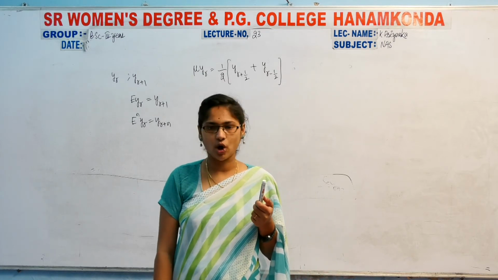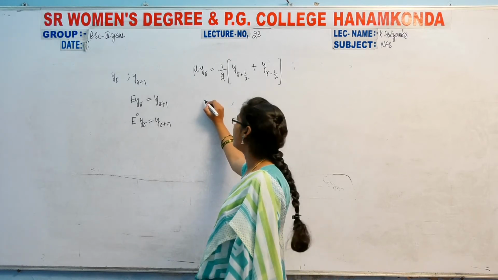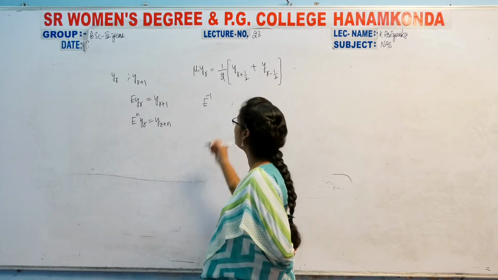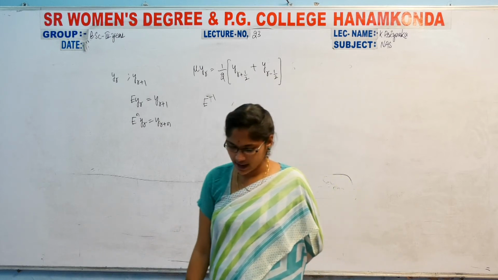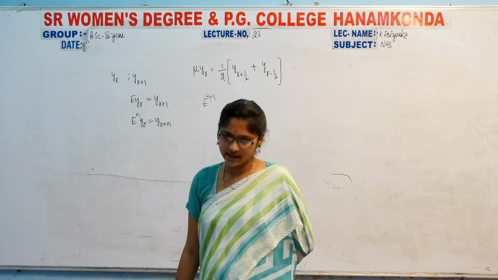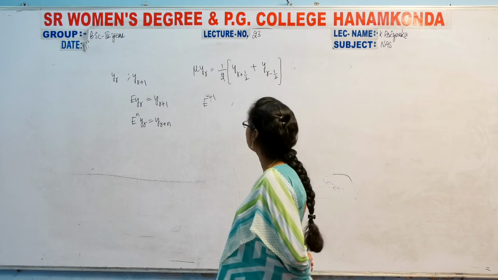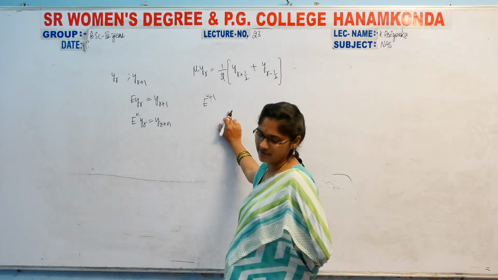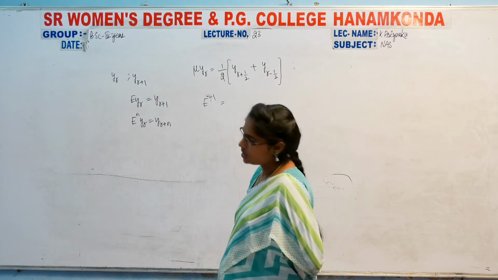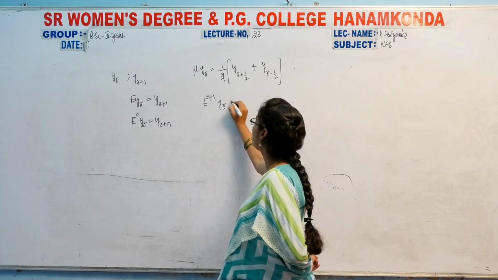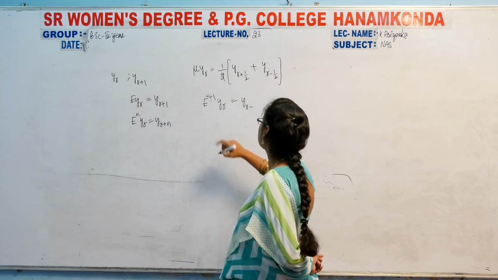Next, inverse operator. It is denoted by E inverse, and it is defined as E power minus 1 yr, which is equal to, write down now as it is, y r minus 1.